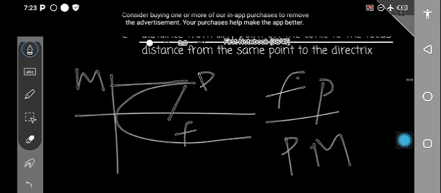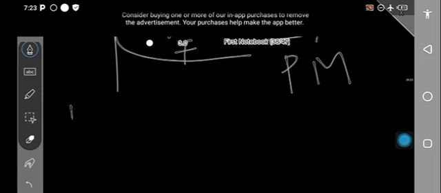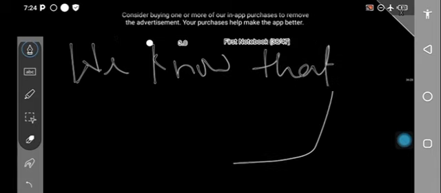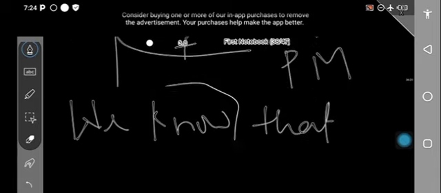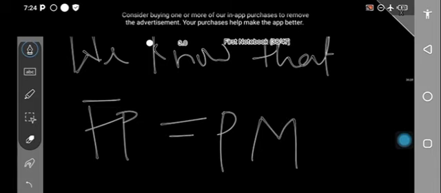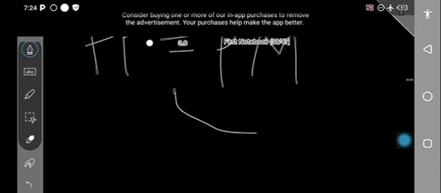All right, and we know that by definition, FP equals PM. Right? FP equals PM.